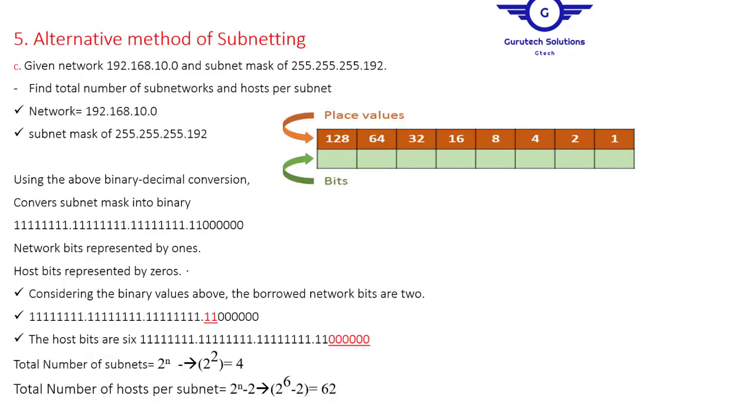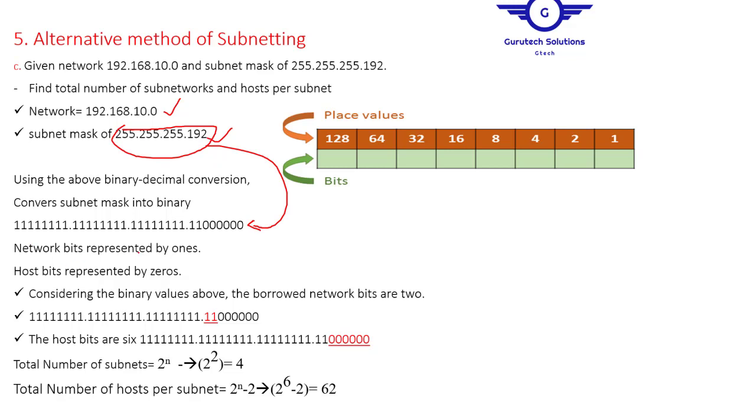Then finally, there's also an alternate method of subnetting, through the use of binary numbers. So for example, this is a network and this is a subnet mask. What we do is convert this subnet mask into binary, and we get this value here.